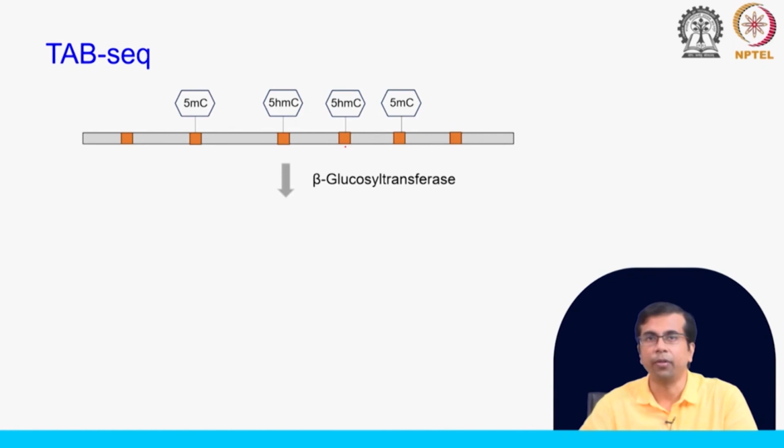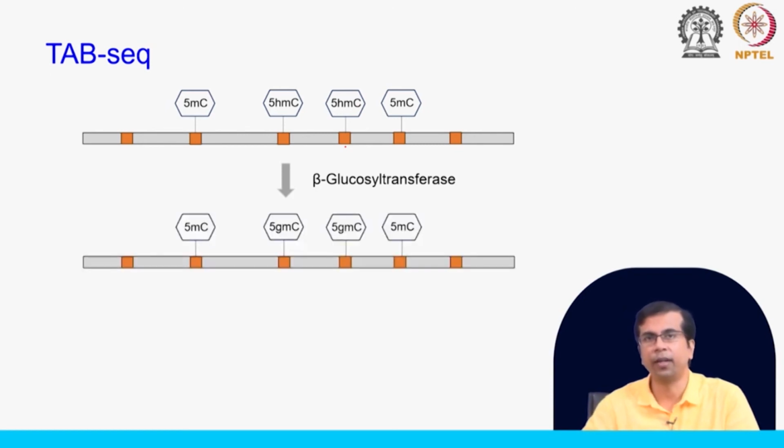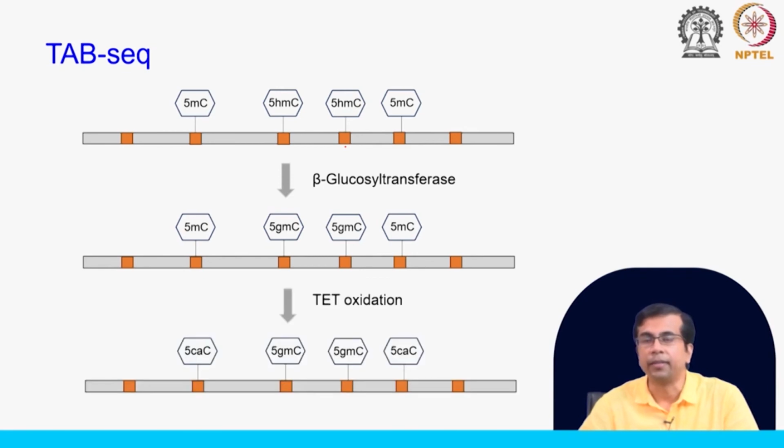In the first step we do an enzyme treatment with beta glucosyl transferase. It converts these 5-HMC modifications to 5-GMC modifications. We will see this is some sort of protection for the next step. In the next step there is TET oxidation using an enzyme.